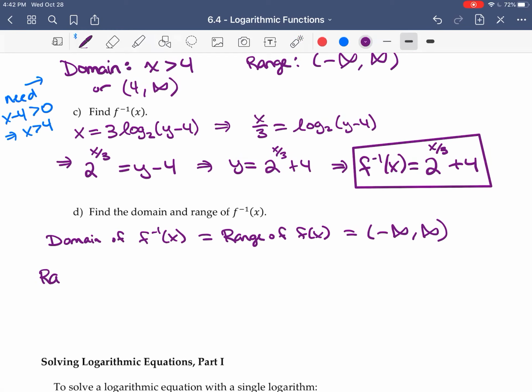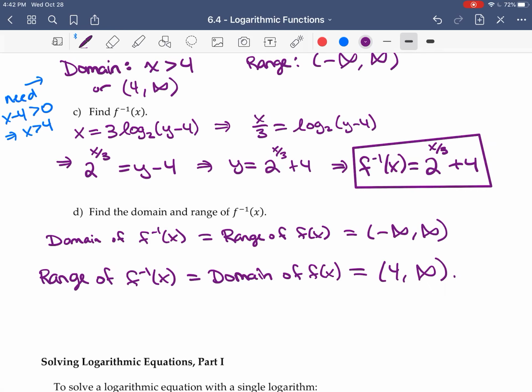Now the range of f inverse of x is equal to the domain of f of x, which we already saw was 4 to infinity. So y bigger than 4, which you can kind of see because this part approaches 0. So the smallest thing is that you're always going to be a little bit bigger than 4.